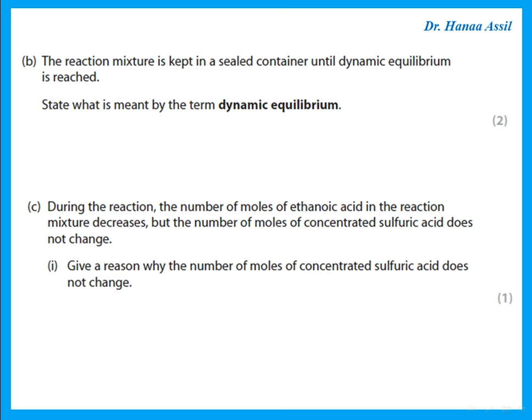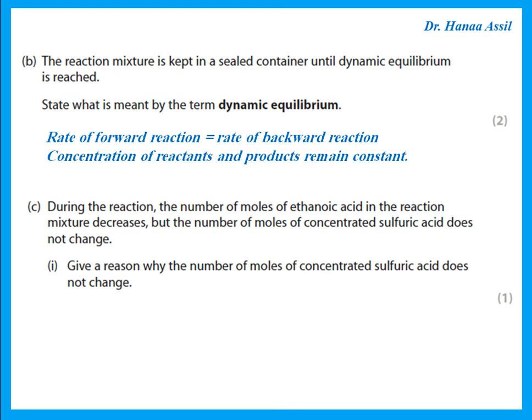And we said it keeps going forward and backward until it reaches dynamic equilibrium. What is meant by dynamic equilibrium? That the rate of forward reaction equals the rate of backward reaction, or both forward and backward reactions occur at the same rate, and the concentration of reactants and products remain constant.